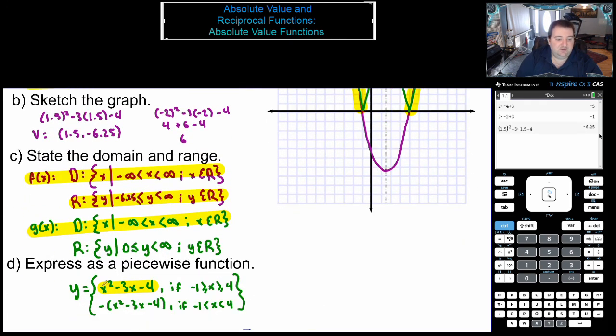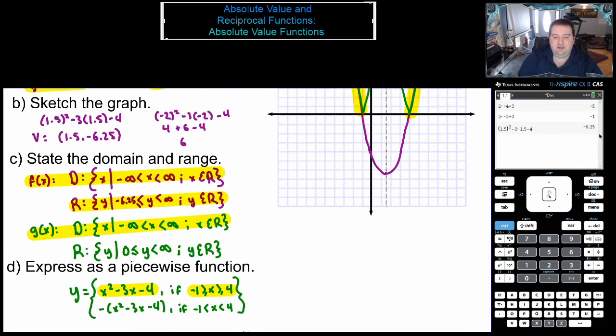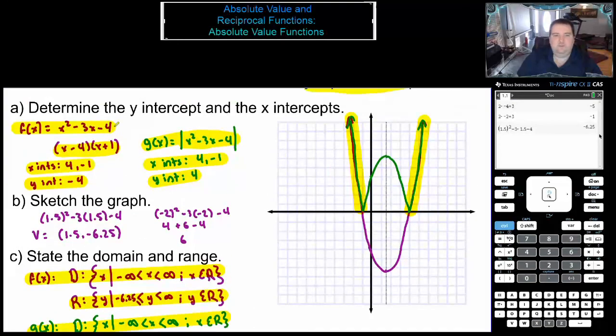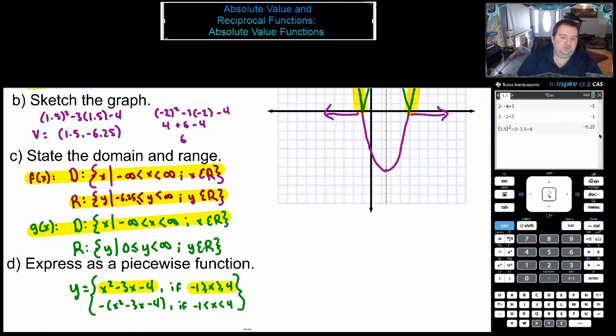So g of x is going to look exactly like our original function when x is less than -1 and when x is greater than 4. So what we're saying with that is when x is less than -1, they're going to match. And when x is greater than 4, they're going to match. And of course, we can see that that's true.